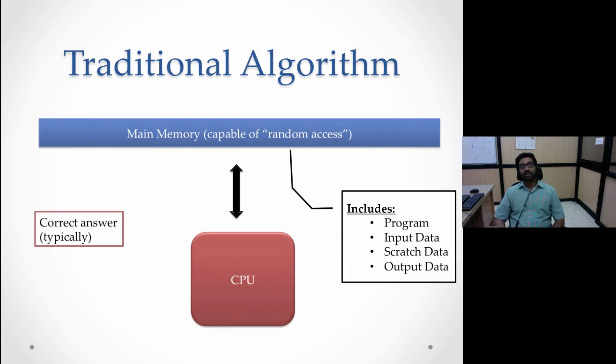So let's look at an example. For example, if you want to compute the minimum spanning tree of a graph, then you expect the algorithm to actually generate a minimum spanning tree. And the same can be said of various other algorithms. And over the last 50 years, we have a very nice, rich set of algorithms that have been developed.